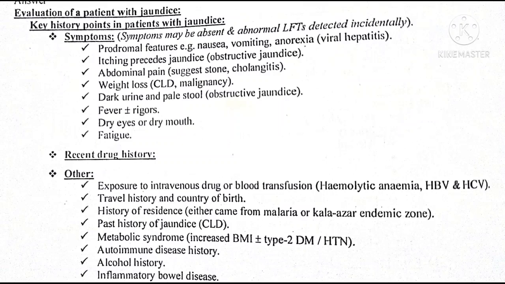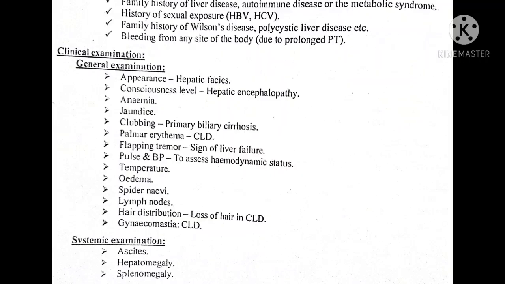Then metabolic syndrome, such as increased BMI and type 2 diabetes mellitus or hypertension, should be assessed. Autoimmune disease history, alcohol history, inflammatory bowel disease, family history of liver disease, autoimmune disease, or the metabolic syndrome, and history of sexual exposure for hepatitis B virus and hepatitis C virus should be assessed.